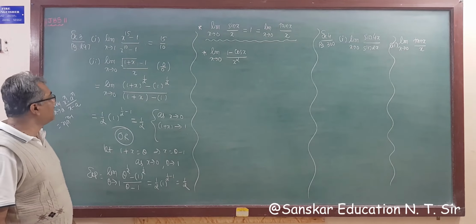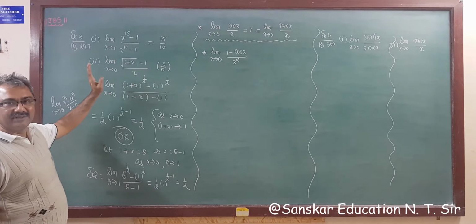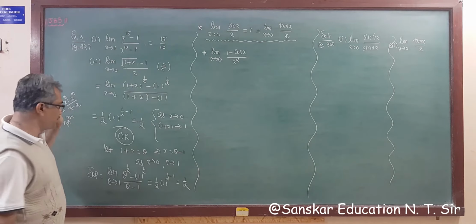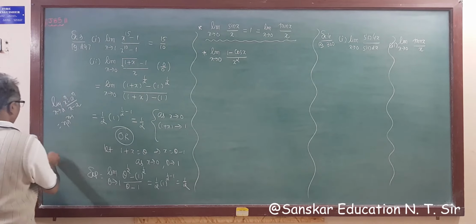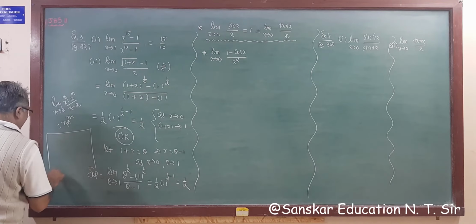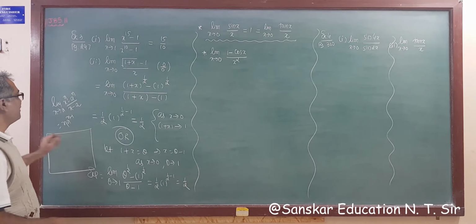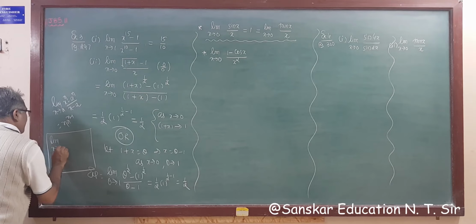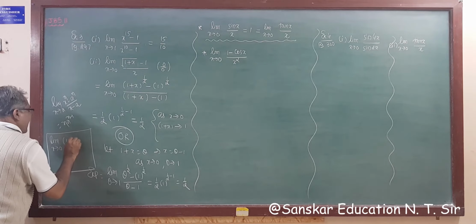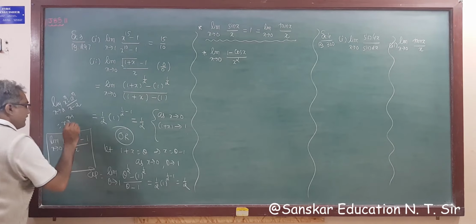And the third method for this type of question: limit x tends to 0. I need some space. Okay, I am writing here. If I am not visible to you, then it's okay, but the formula is visible for you, right? So in this type of question, limit x tends to 0, (1 plus x) raised to m minus 1 upon x is given.